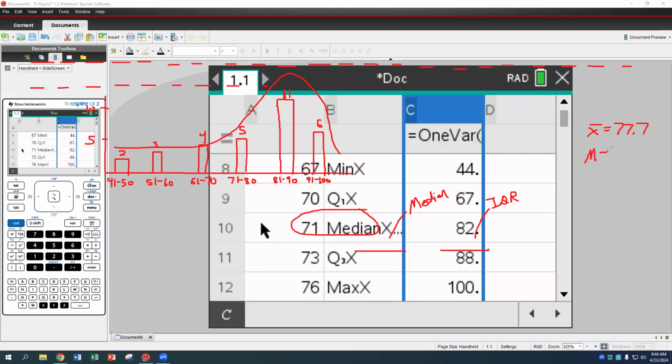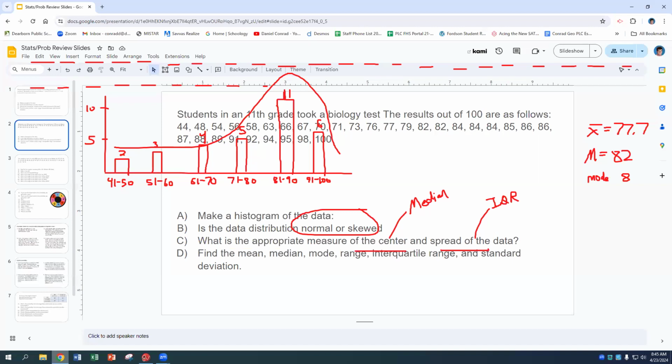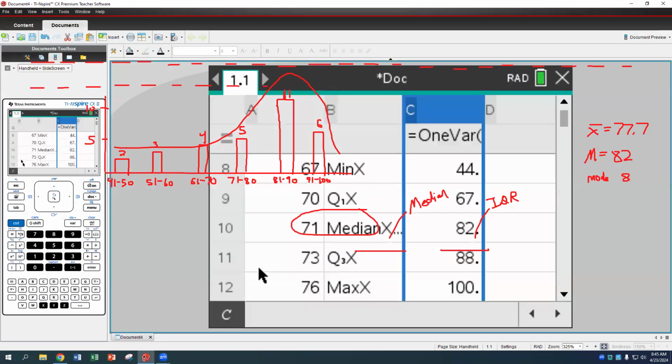Our median is 82. Our mode, I believe, was 86, or 84. Did we have 3 84s? Yes, 3 84s, so I think our mode is 84, the data that occurred the most.